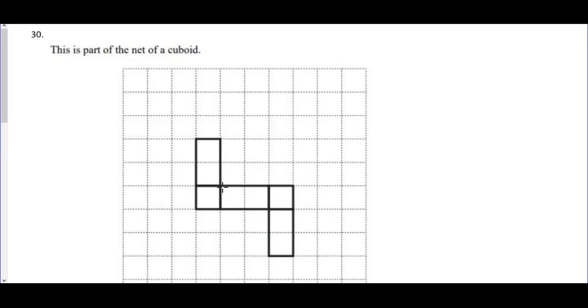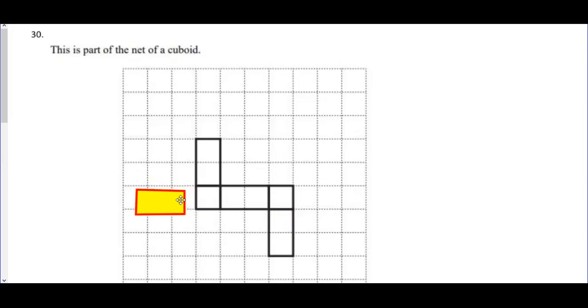So the missing face is what we call the top face. And that top face can be drawn somewhere here, and it is a 1 by 2. You can draw that face there, or you can draw that face here.